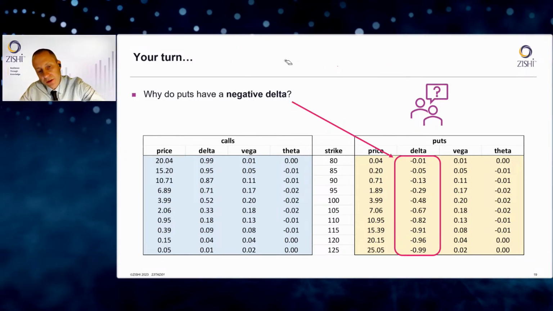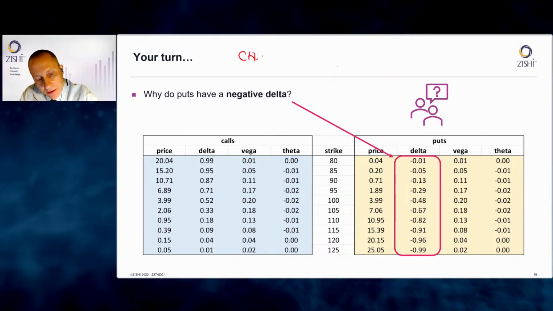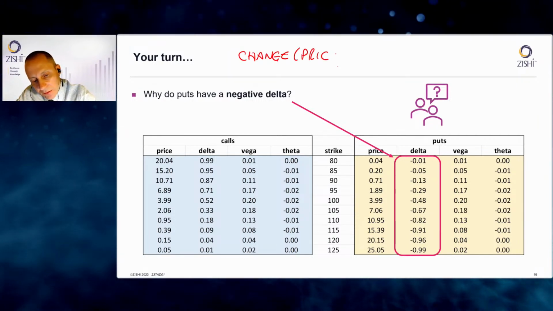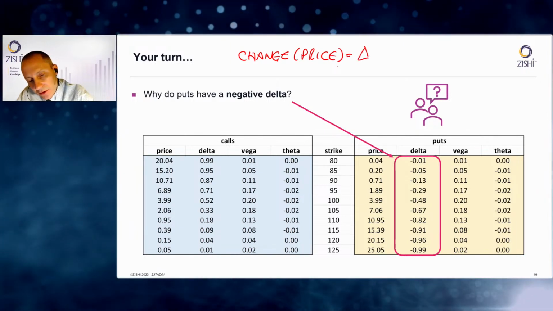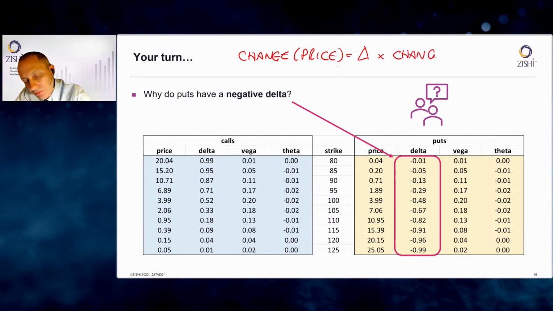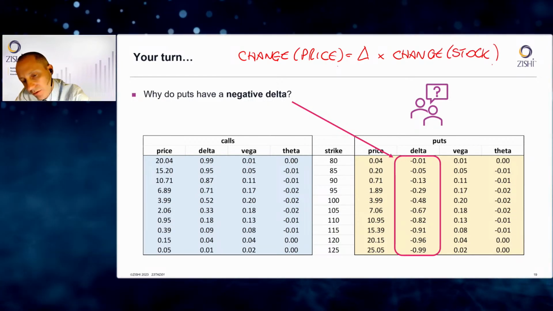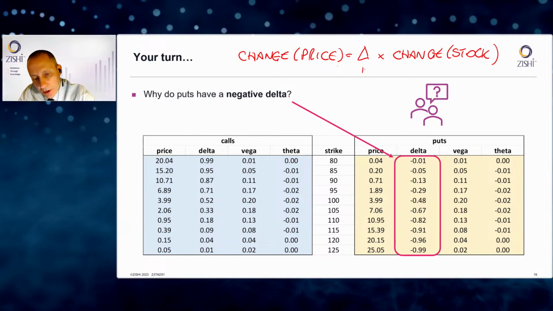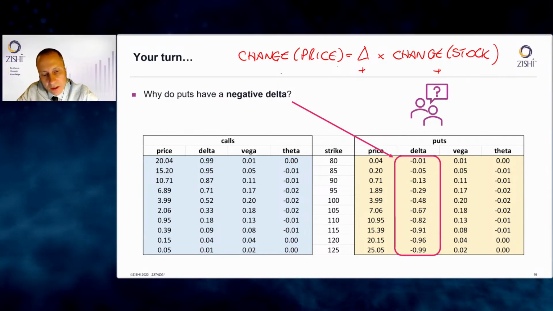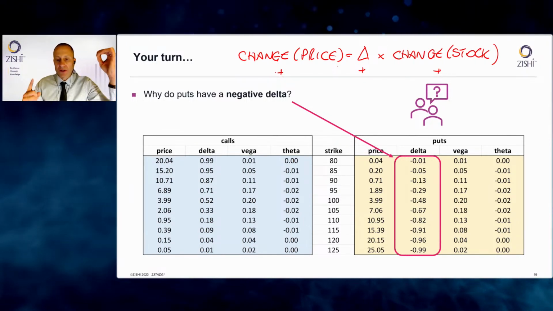So if we just quickly rearrange this equation, I can say that the change in my price is equal to the delta of my option multiplied by the change in the stock. So for a call option, we had a positive delta, and when we put in a positive change in the stock, we got a positive movement in the price, as in call prices go up when the stock moves up.